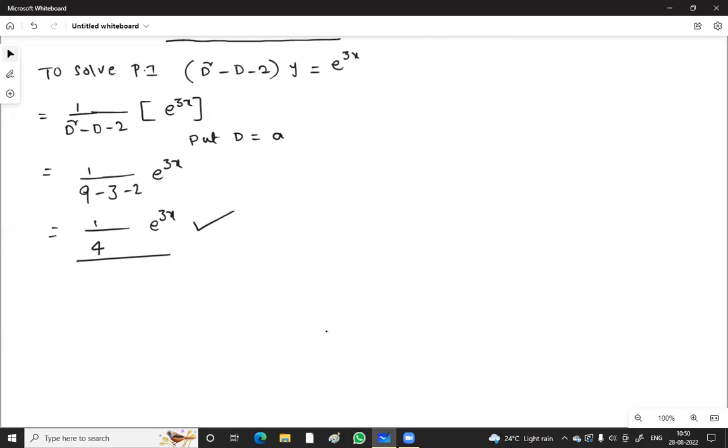Now, part 2. This is part 1, let us say. Now I'm writing here part 2. Part 2 input is what? Your input X is equal to sine 2x plus 3.